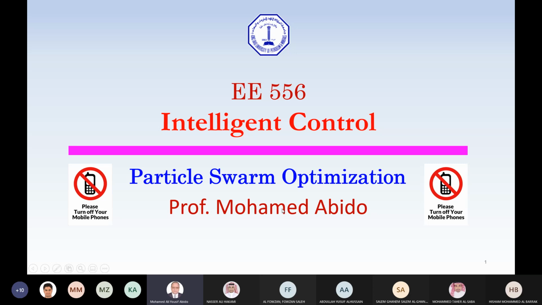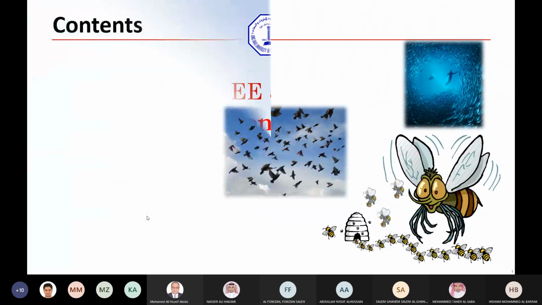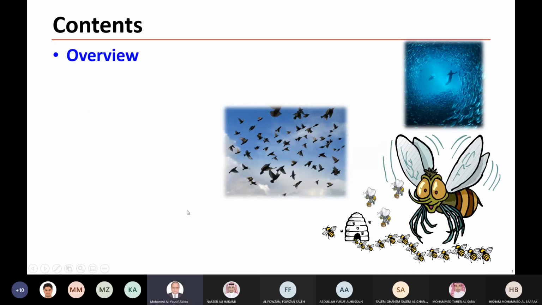And there are other techniques under this umbrella. You have here some kind of learning process, and this learning process has 2 components: one cognitive and the other social part. So this mimics the birds, fish, ants, and all these communities or societies.